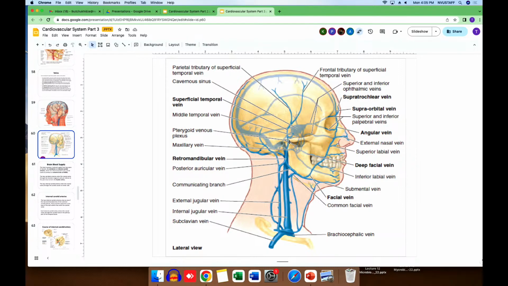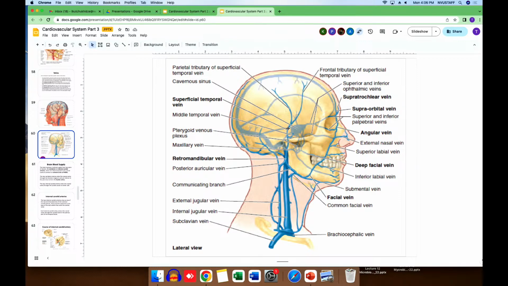So let's start with the structures that we all know and we all have seen. We have the superficial temporal vein, right? And as you see, we have the frontal tributary and the parietal tributary of the superficial temporal vein.